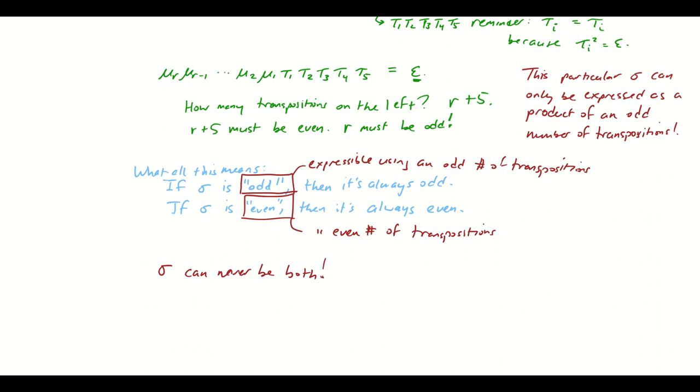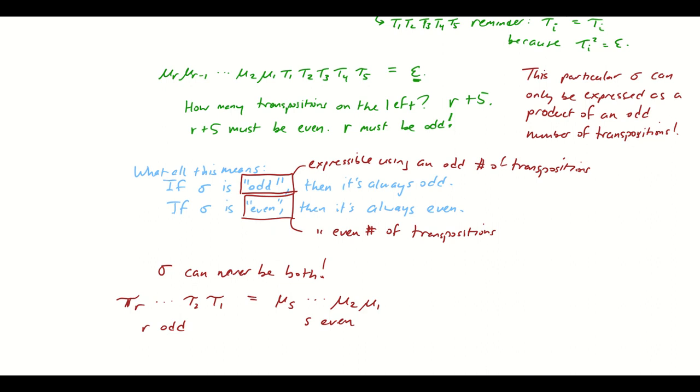But it can never be both odd and even, because if it were, then we'd have some product of a bunch of taus, I'm trying to remember to put tau 1 on the right, tau up to tau r, and it would be equal to, let's say r is odd, some product of mu's, let's say up to mu s, where s is even.